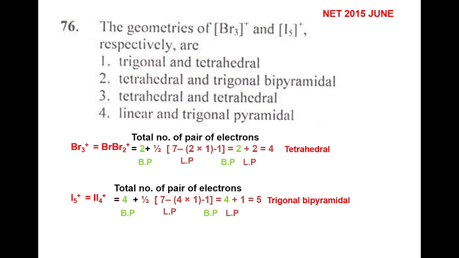In the case of I5 plus, in the same way, one will be the central atom and the other 4 will be surrounding atoms. So that will be I4 plus. If we calculate the number of bond pairs and lone pairs, that will be 4 bond pairs and 1 lone pair, and the shape will be trigonal bipyramidal. Okay, the option number 2 is the correct answer for this question.